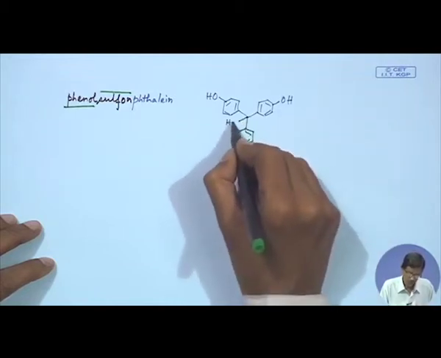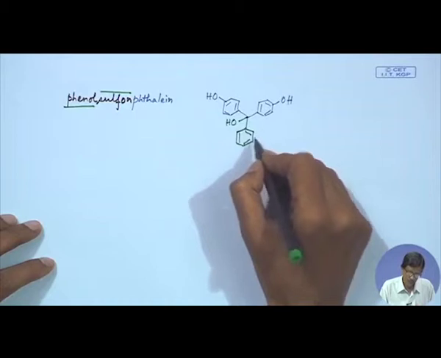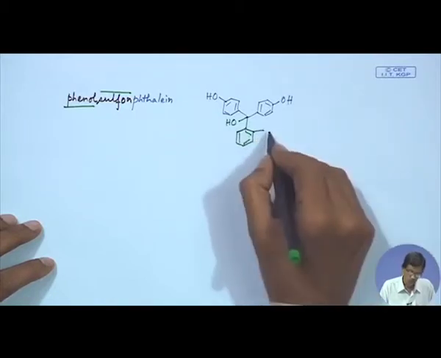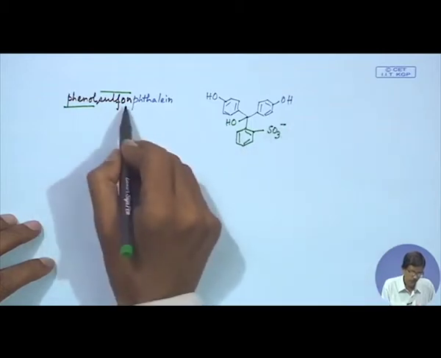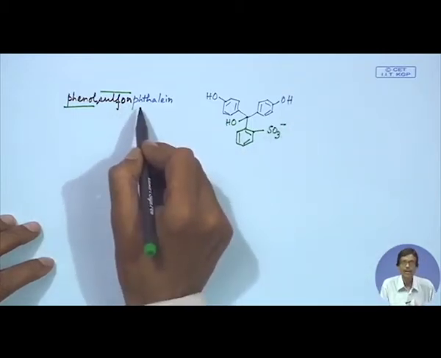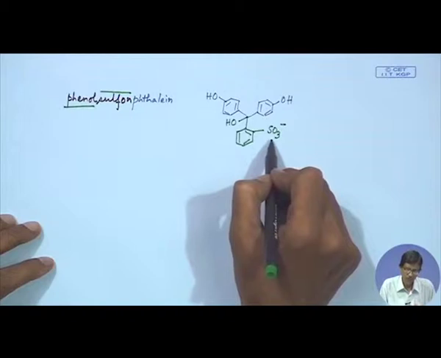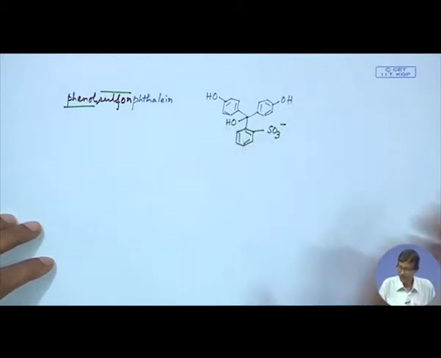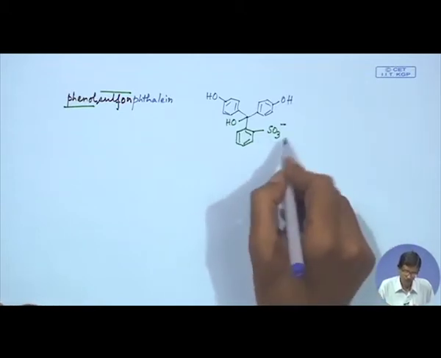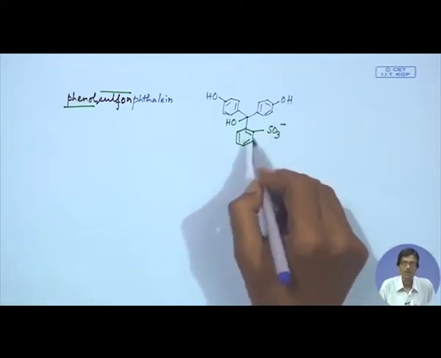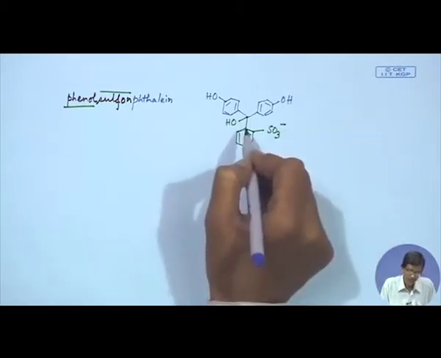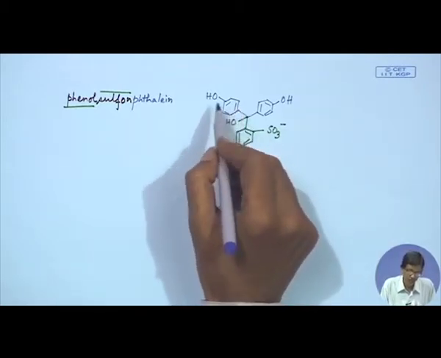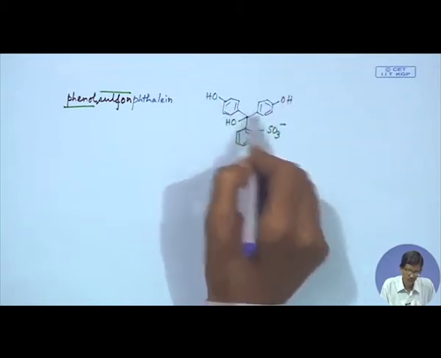When this group is SO3 minus, it is sulfonephthalein, and when it is carboxylic acid, it is phenolphthalein. The fundamental difference between the sulfonic acid group and the carboxylic acid group is the corresponding pK value, the acid dissociation constant.